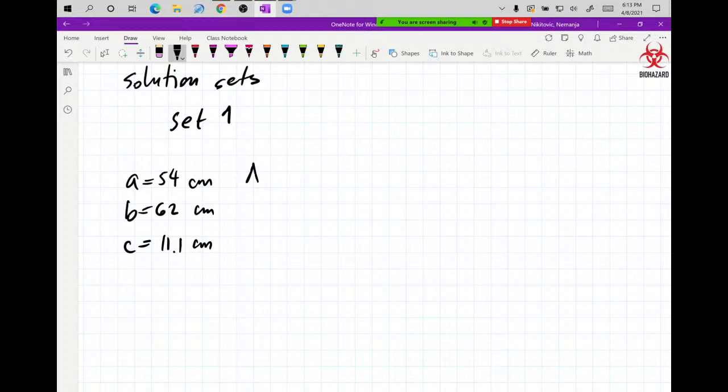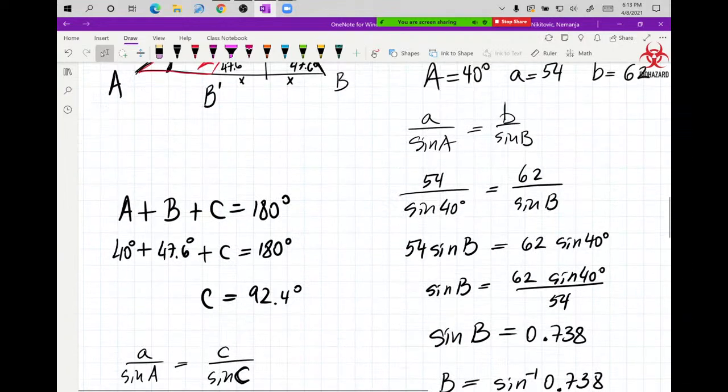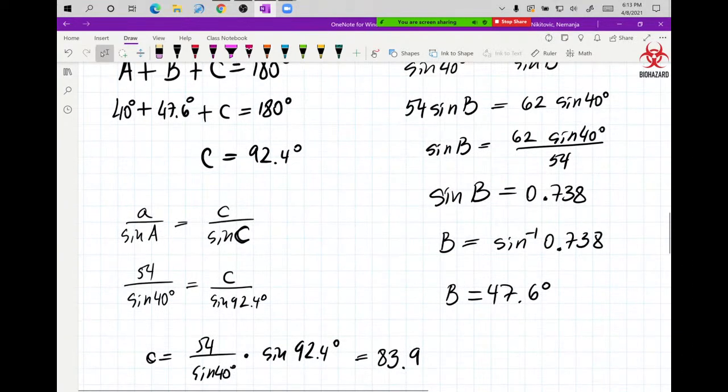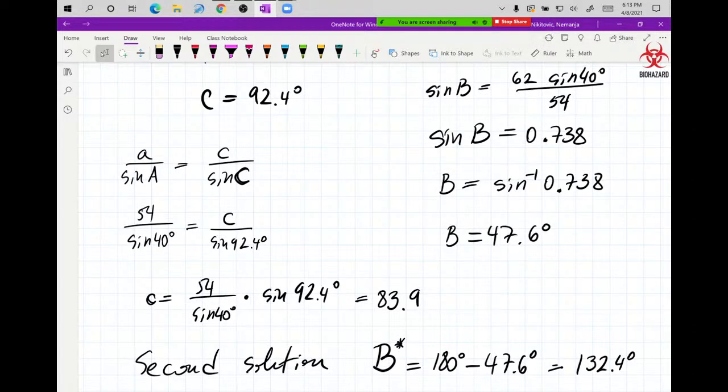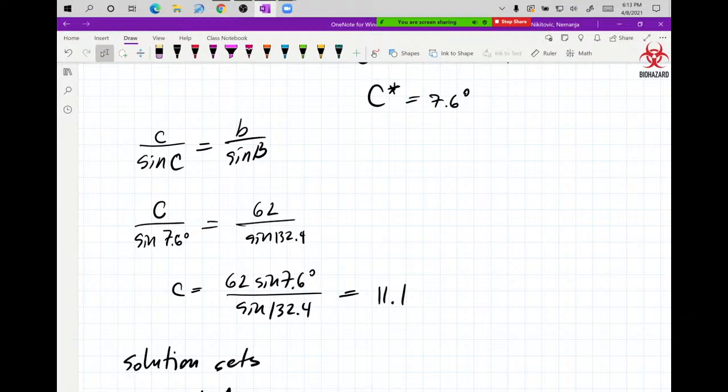And angles A, B, C. So angle A was given to us, and then we had 40. For length c, is it not 83.9? And I typed it twice. Let me see. 62 sine 7.6 divided by sine. No, this is good.